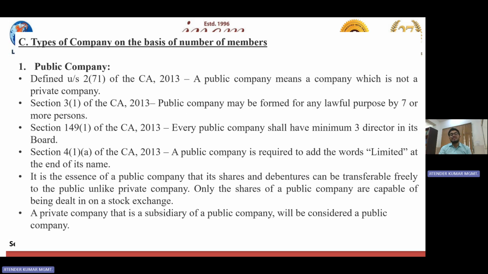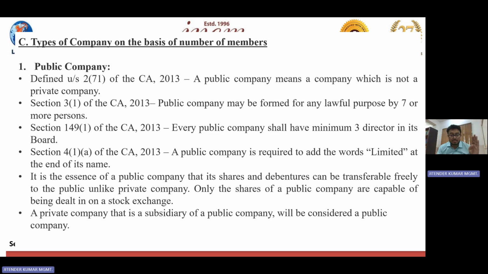Next is type of company on the basis of numbers, which is very important and also comes under exam questions. There are some requirements for the public company and some for the private company. The basic thing we have to understand is that the minimum number of members needed is 2 in a private company and 7 in a public company.